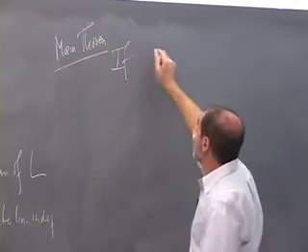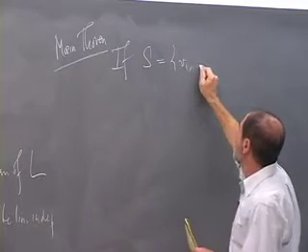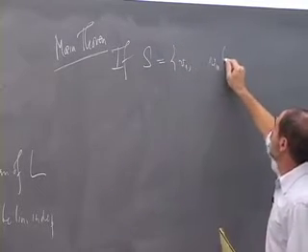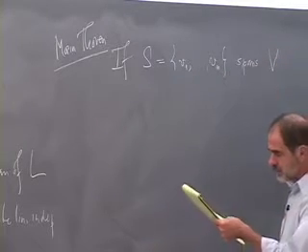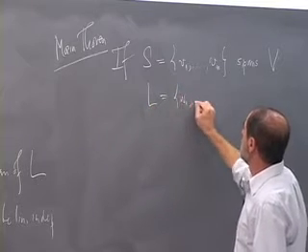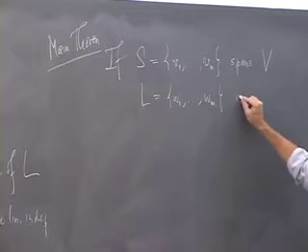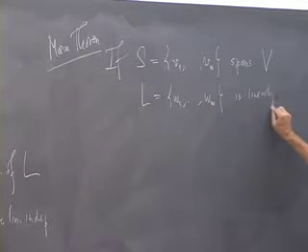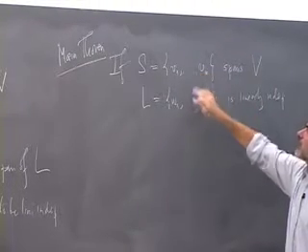If S, which is V1 through Vn, spans V, and L, which is W1 through Wm, is linearly independent, then you can't say anything about these vectors and those vectors.